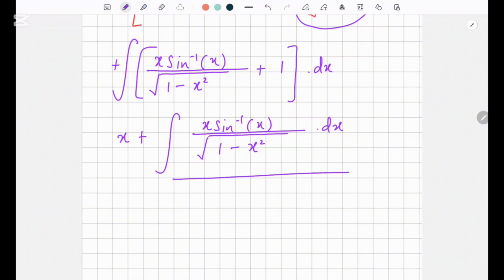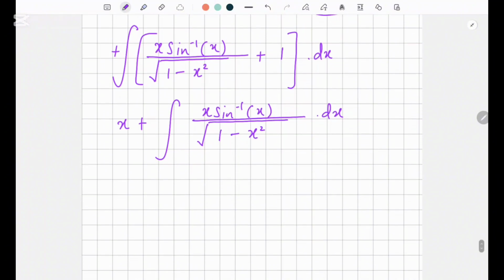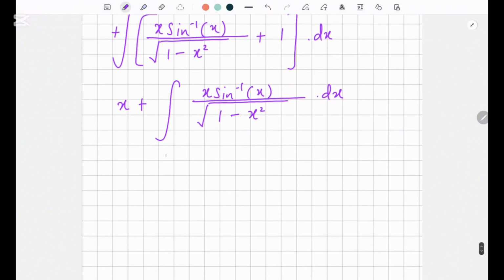And this is your last part. You don't have to use it again. So after doing this, we get the final answer. So how do you do that now? Let's take the same way. Let's take u equals sine inverse x, and dv over dx equals x over root 1 minus x squared.